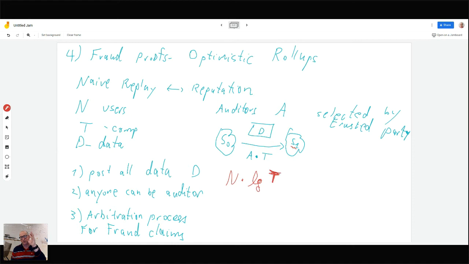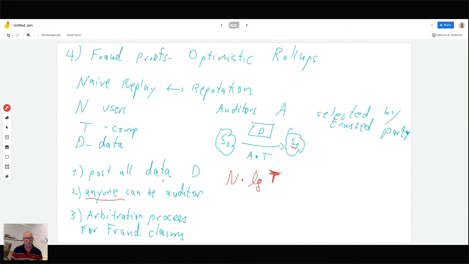The auditor that cries foul says, okay, tell me what was the state of the system after exactly T/2 steps. Based on that, the fraud claimer can go to either the upper half or the lower half and recurse on this. After log T steps, everyone who's watching this process can agree as to what happened and whether there was a fraud or not. So the difference from the reputation-based system is that anyone can be an auditor.